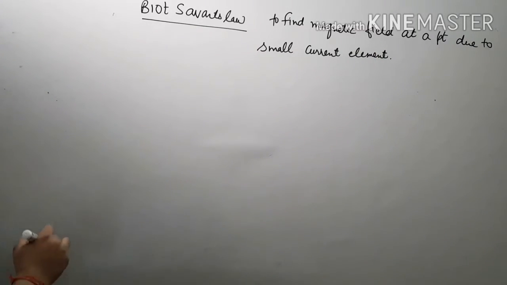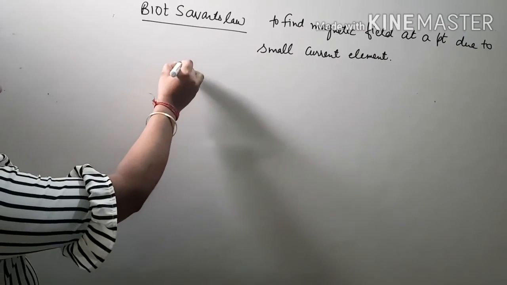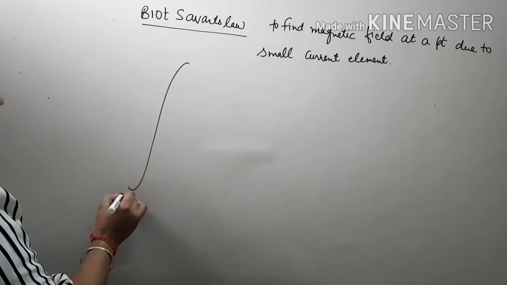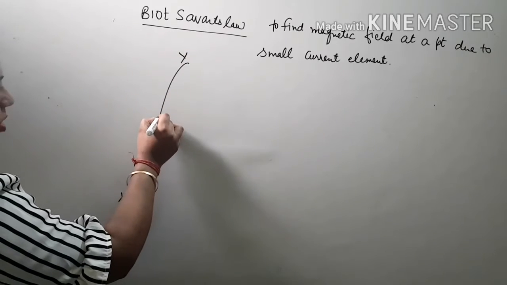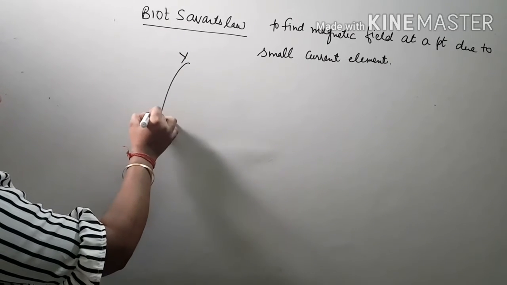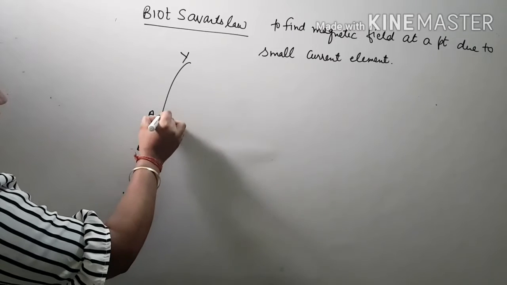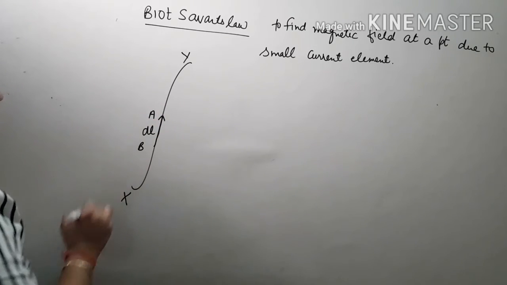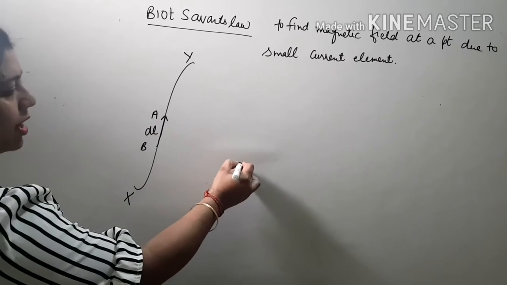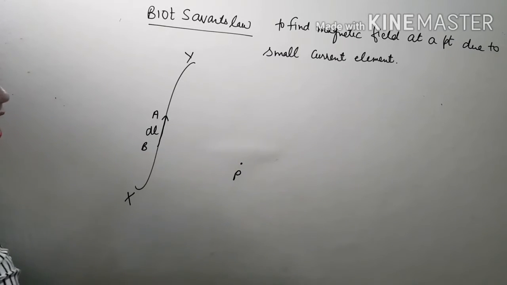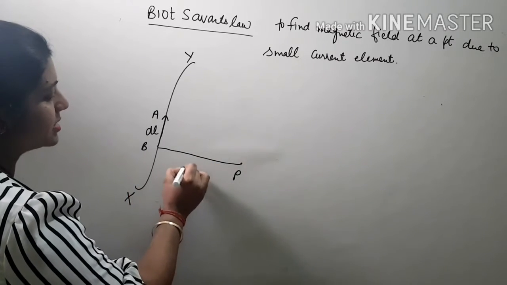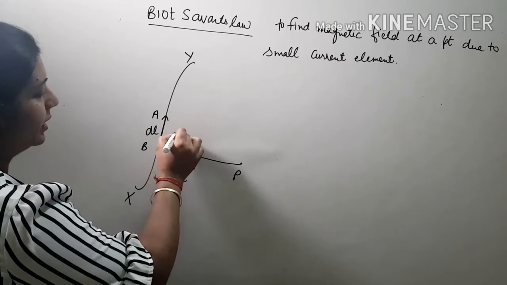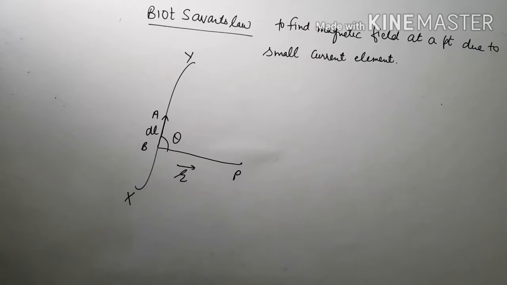So we are considering here a small element of this current carrying conductor XY. This is the small element AB of length dl, and this is the point where we have to find the magnetic field, and this point lies at a distance r at an angle theta with this current element.